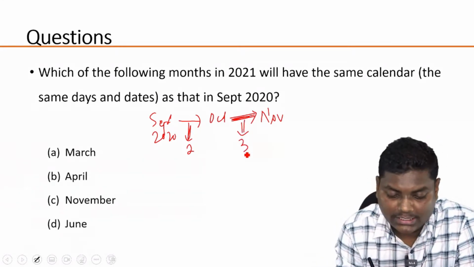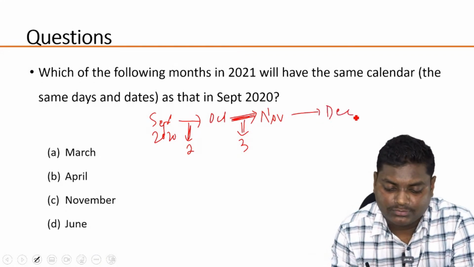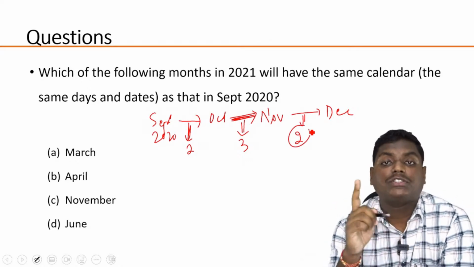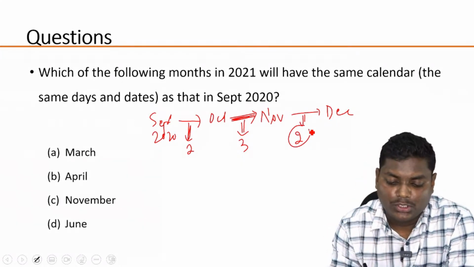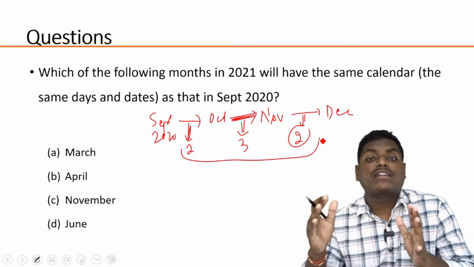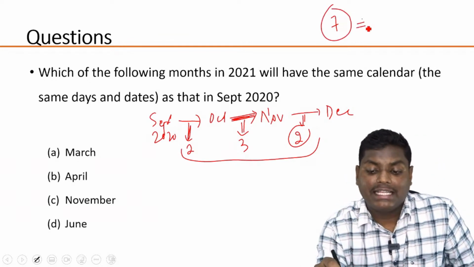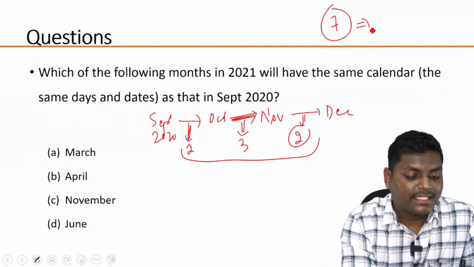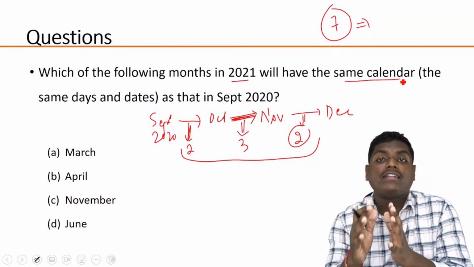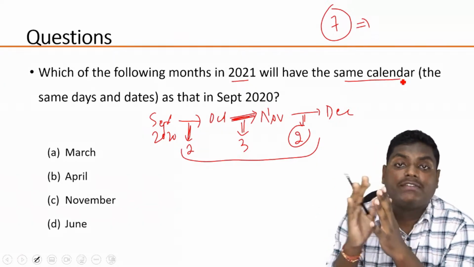Similarly, from November to December, from November 1st to December 1st, 30 days will be there, so 2 days. Now you can see, if we add all these extra odd days, we will be having 7 days. What is the question asking? Which of the following months in 2021 will have the same calendar? For having the same calendar, the number of odd days that we are getting should be divisible by 7.